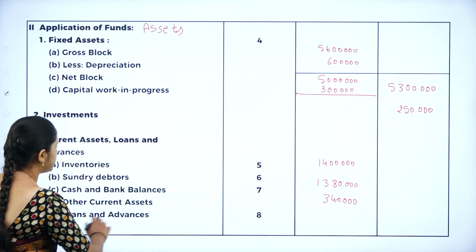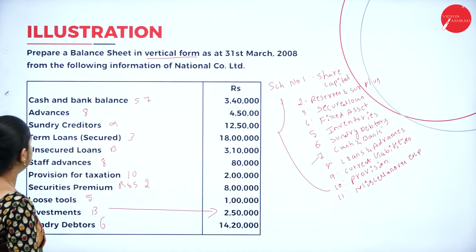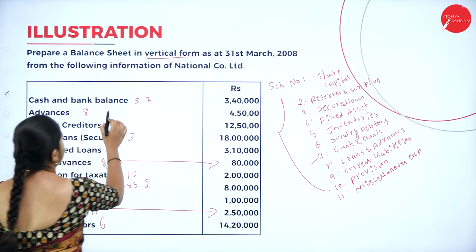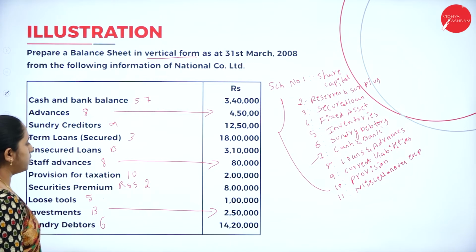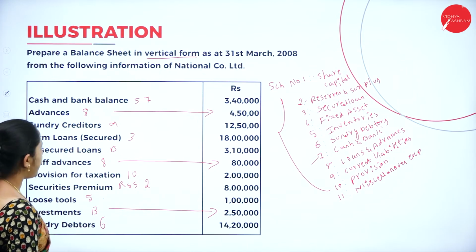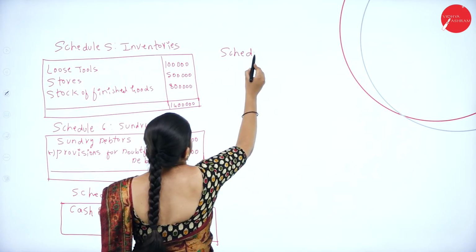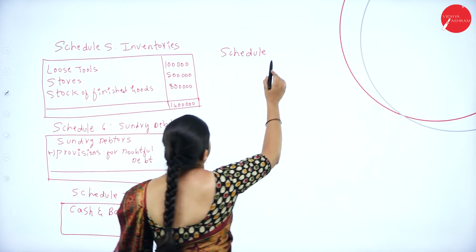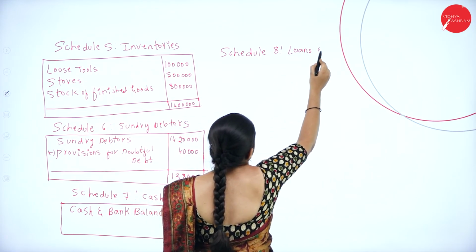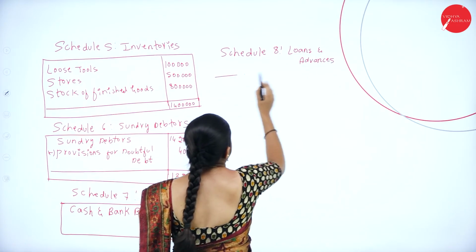Next, loans and advances. Schedule 8. Just find Schedule 8. Here, staff advance 80,000. Then advance 4 lakh 50,000. Only two items. Schedule 8, loans and advances.